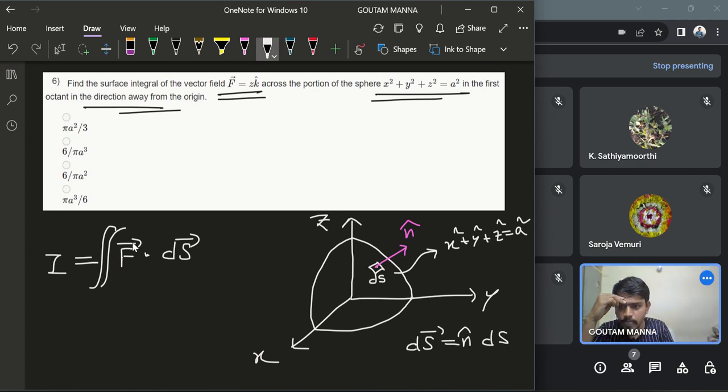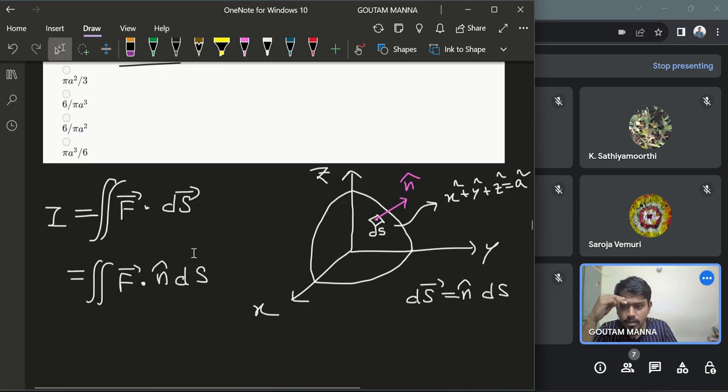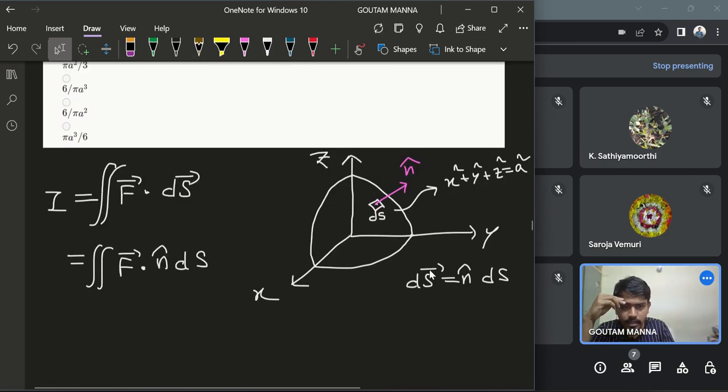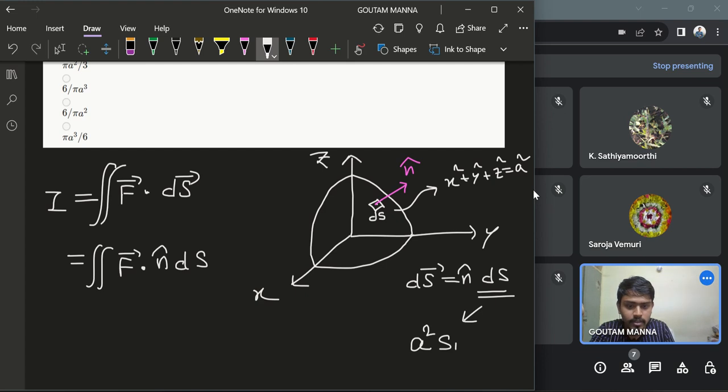So what we have is basically F dot n cap dS. I will not project it any further. I will do the integration on this spherical surface. This dS on the spherical surface of radius a will be a square sine theta d theta d phi.